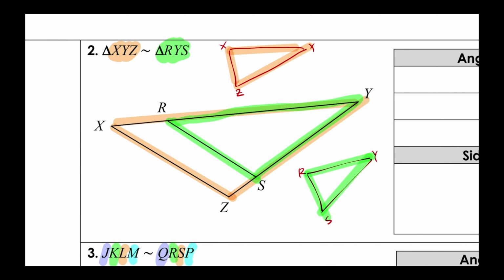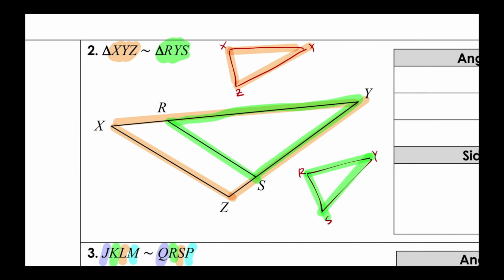I just like to draw them separately, because when they're on top of each other, a lot of students get confused. So what I like to do is separate them. There's the big one. There's the small one. Now, they kind of don't look that way, so I would draw this one a little smaller so you can tell it's the small one. And then I would go from there.